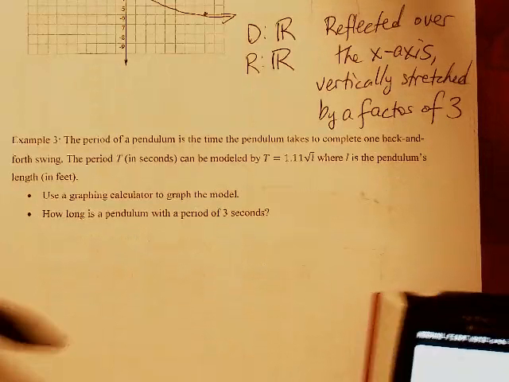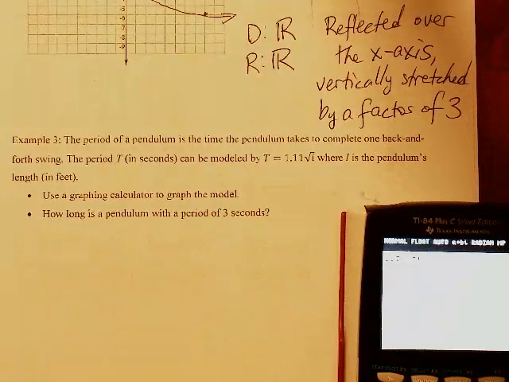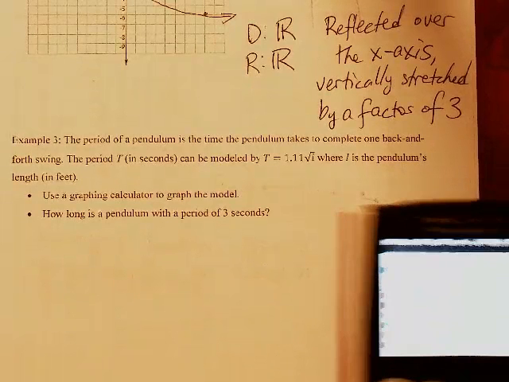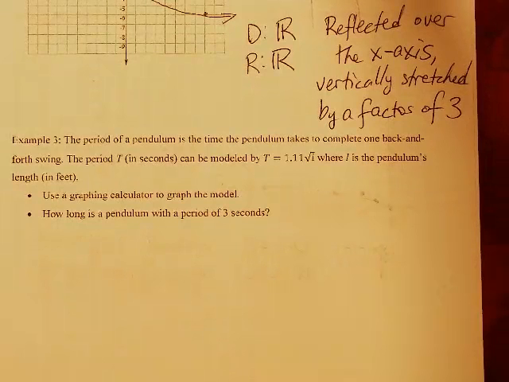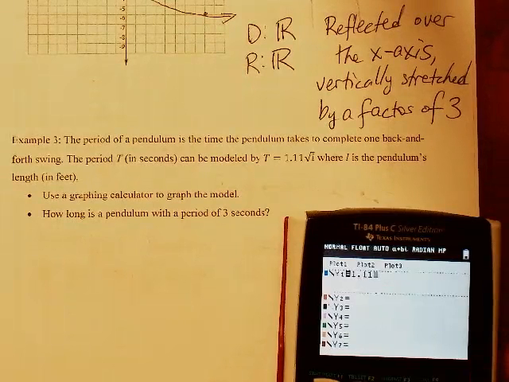There we go. And then we are going to hit y equals and do 1.11. Glare's bad here. That's better. Okay.